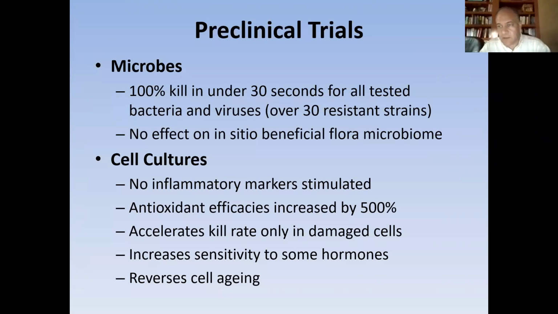The damaged cells just tended to die faster. The normal healthy cells were not affected whatsoever. It increases the sensitivity to hormones and cell signaling, and it also reverses cell aging, which is something very interesting. Cells stay alive and active and normal much longer when they have these molecules in them.